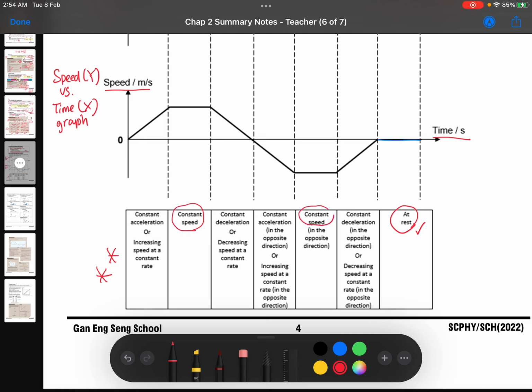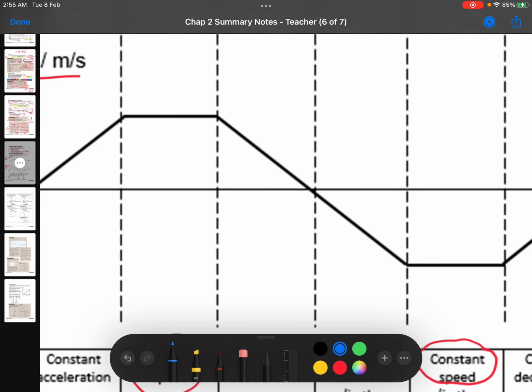Now, there are two situations here. You have constant speed in the positive direction. Why we say positive is because on the vertical axis, this is positive and this is negative. So when you have positive, your speed is constant, it doesn't change.